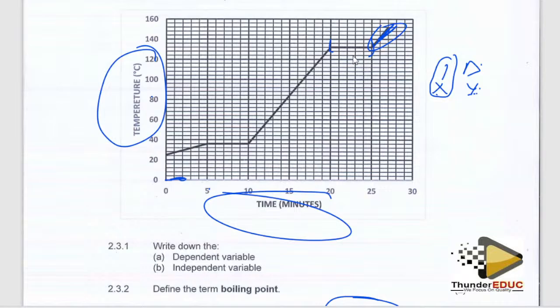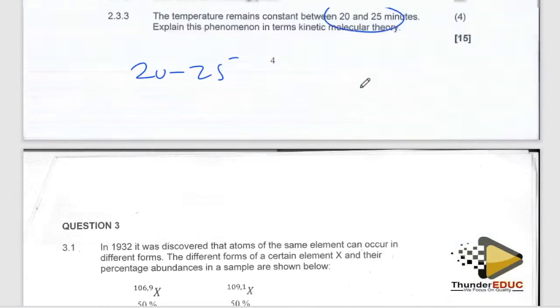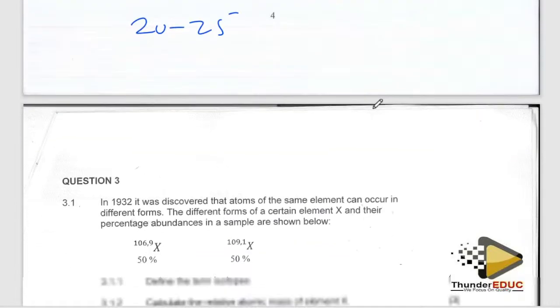The temperature will remain the same, but the speed at which these particles are moving will start to increase. And once they start to increase, the bonds break, they bounce, boom, boom, boom. And then after that, they start to escape. And now the boiling will continue, but the temperature remains the same.